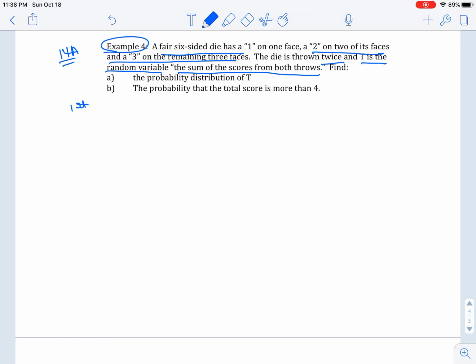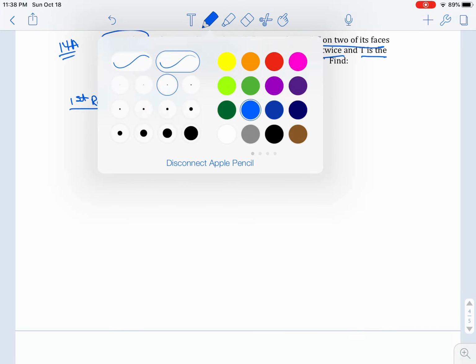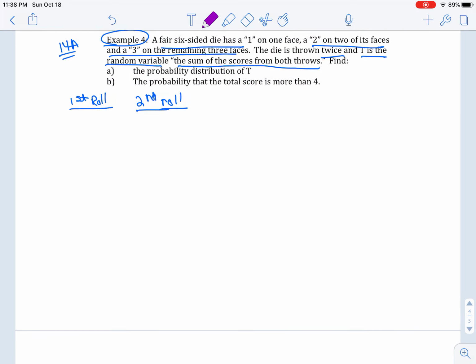So we're going to have our first roll and our second roll. We want to make plenty of space for ourselves on the tree diagram. Let's have the possible outcomes 1, 2, and 3.